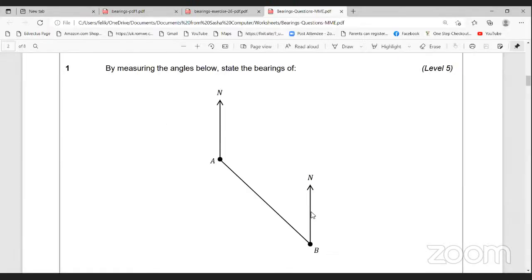It says, by measuring the angle below, state the bearing of. We're not going to be measuring any angle because you won't be able to measure it on the screen.